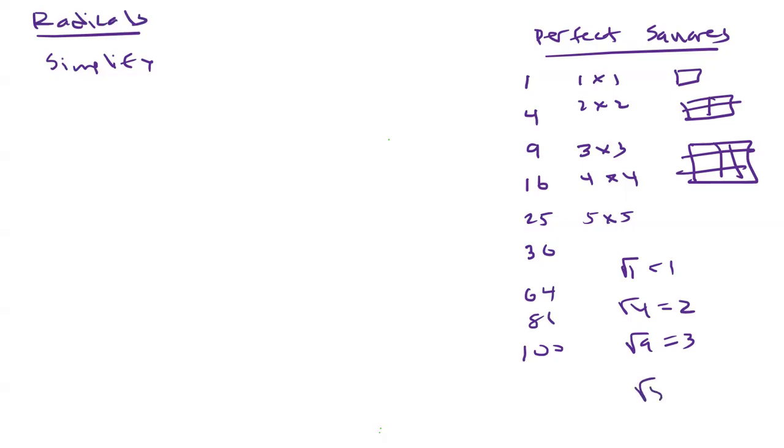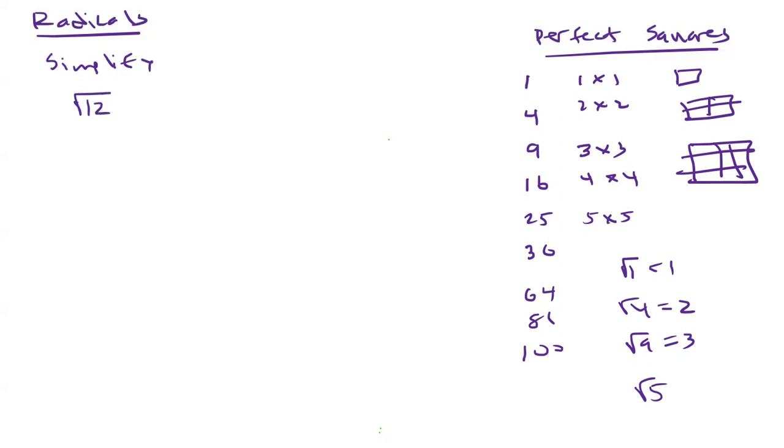Okay, but if we have something like the square root of 5, we don't know, right? It's going to be some decimal answer, like 2 point something. But again, it wants us to simplify in radical form, so we need to leave it in radical form in the end.